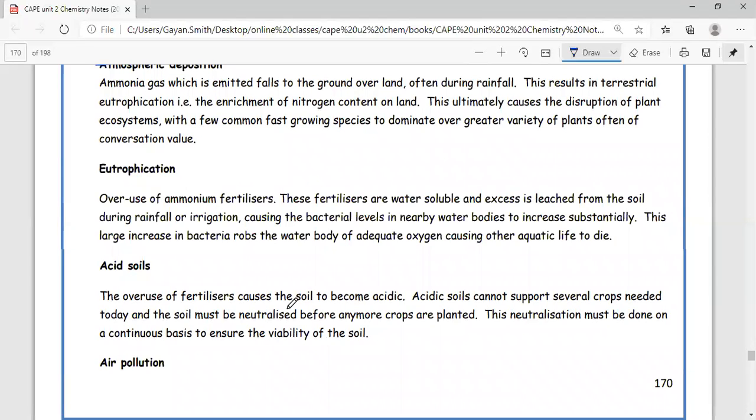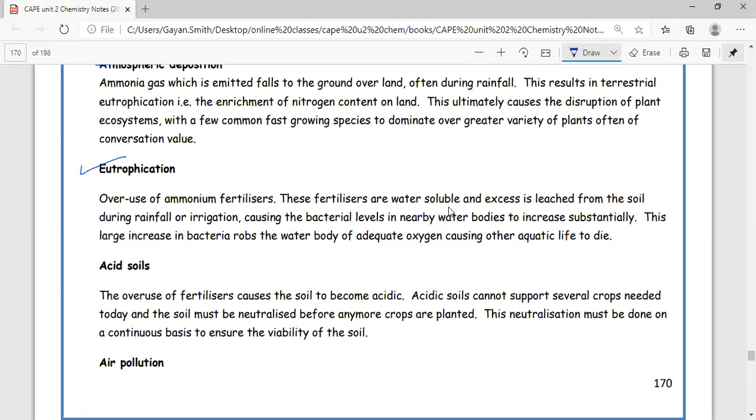The next impact, which is also linked to the first, is eutrophication of water bodies. Overuse of ammonia fertilizers on farms can cause the fertilizers to get washed off, and eventually they end up in the rivers and the streams.